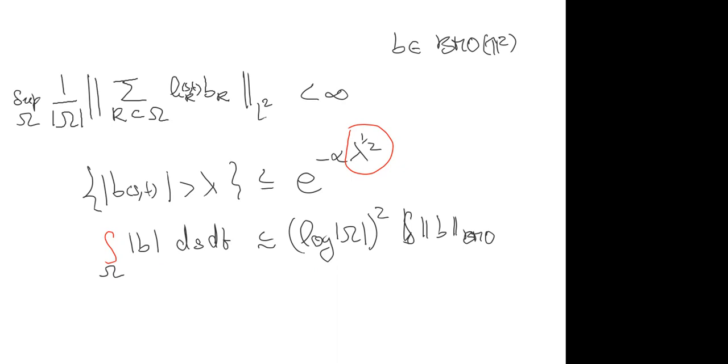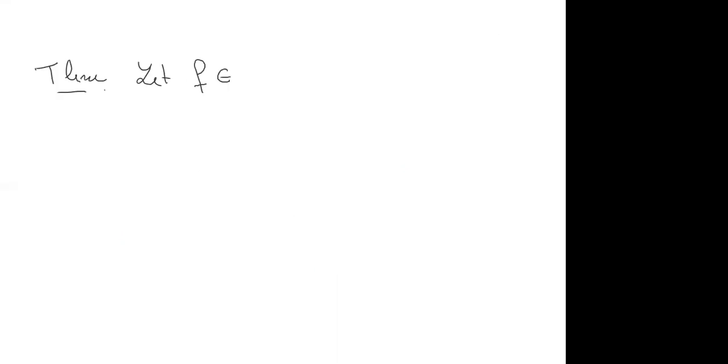So I will just state: F in BMO product. And I'm sorry, here this was meant to be B. And F in L1, just an ordinary L1.